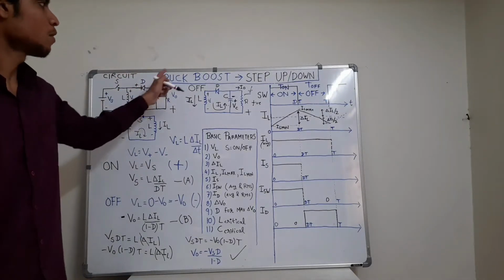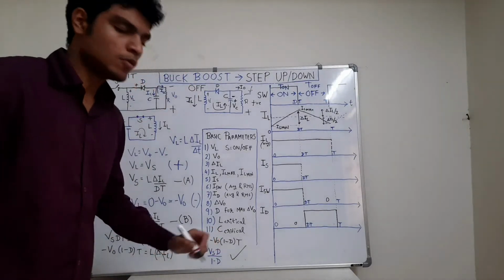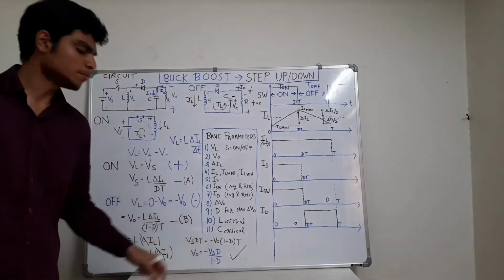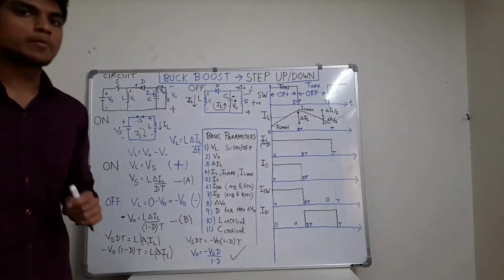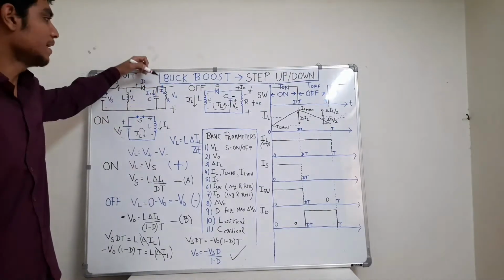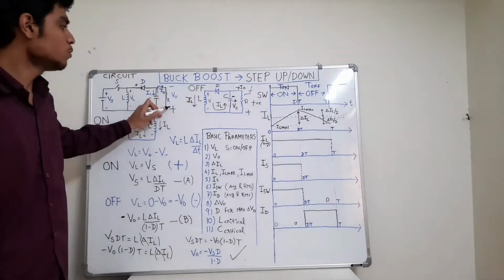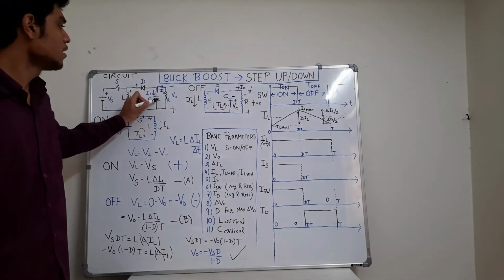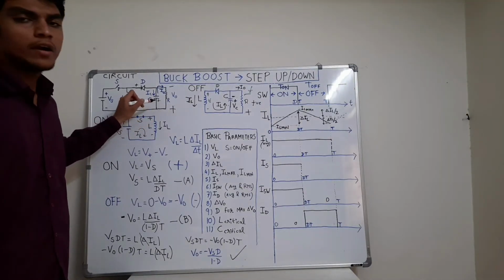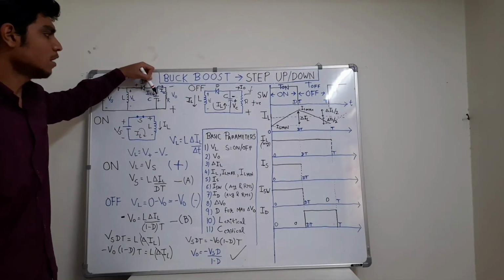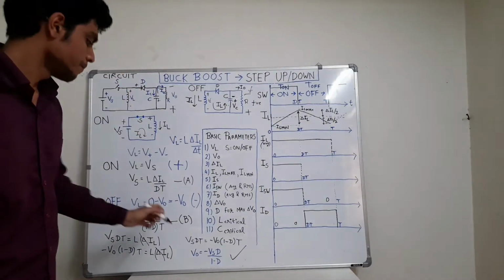So in the buck boost converter the output voltage will always be negative, minus d Vs upon (1 minus d), that we have to remember. Or we can remember it like this: the positive voltage comes at the negative or lower plate of the capacitor, and the negative terminal comes at the upper plate of the capacitor.